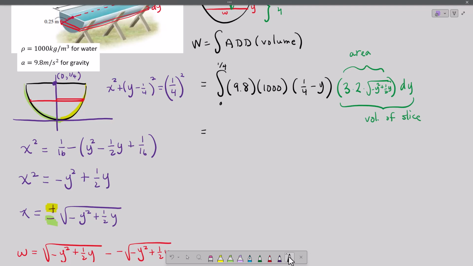We'll pull out the 9,800. We can pull out the 6. And then we have 0 to 1/4, and let's see if we get lucky in here. So here is our miserable looking integrand.